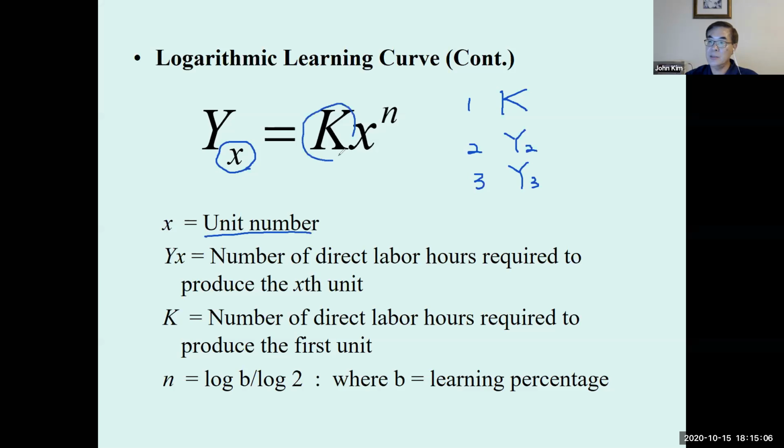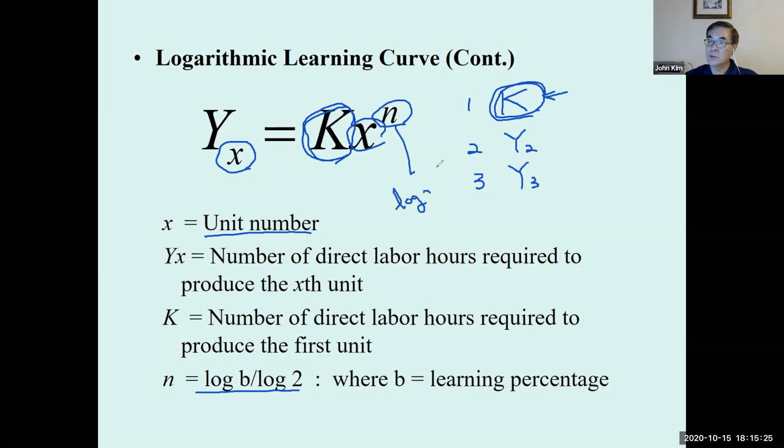K is the initial or first time or cost, the cost for the first one. X is the unit number, and then N. N is log of the learning percentage divided by log 2, so this one is always 2.